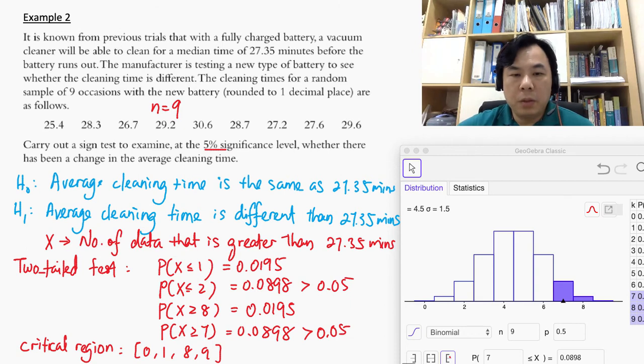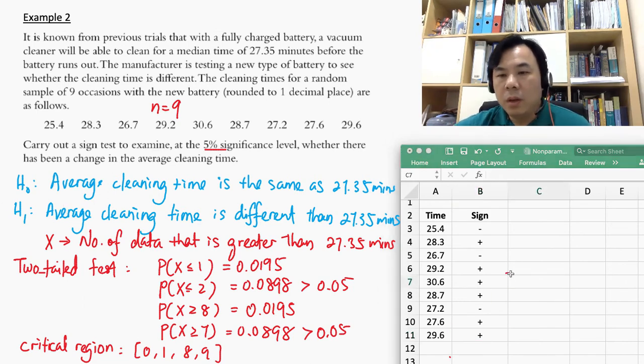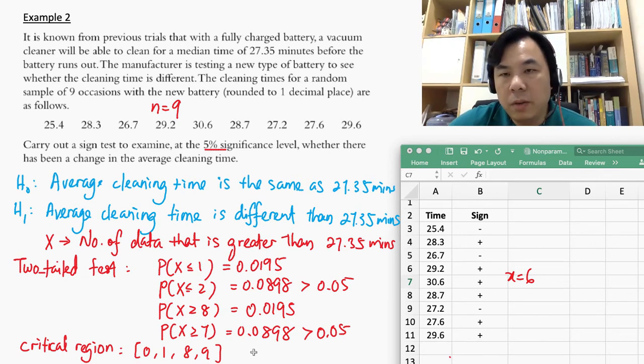Now going back to the data that we have collected just now, we have x equal to 6 here. We have 6 sets of data that are above the median time. Is 6 in the rejection region or not? 6 is outside of the rejection region.